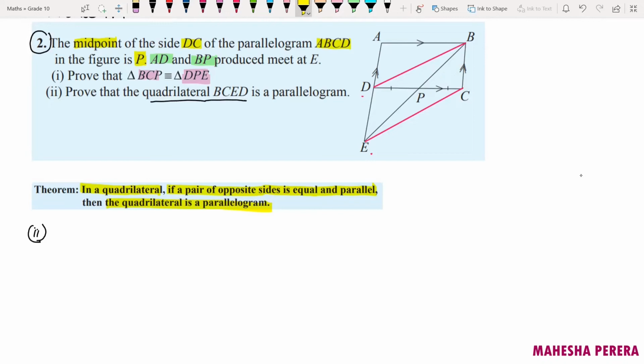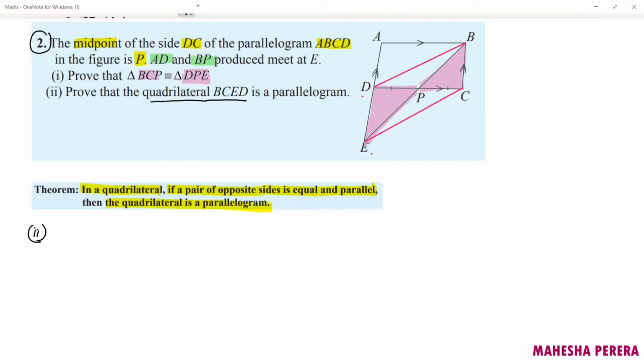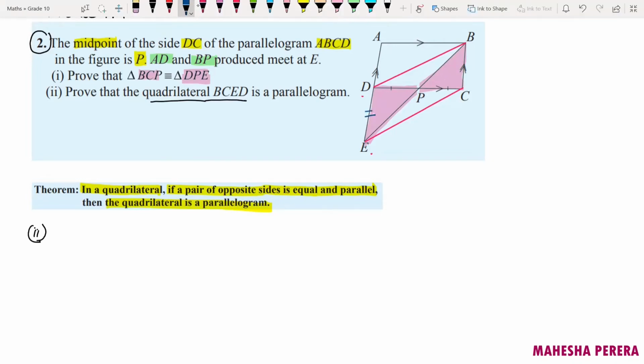Okay, now look here. Do you remember we previously proved that these two triangles are congruent, right? As congruent triangles, obviously corresponding elements should be equal. So this DE side should be equal to PB side, right? So let's write it.